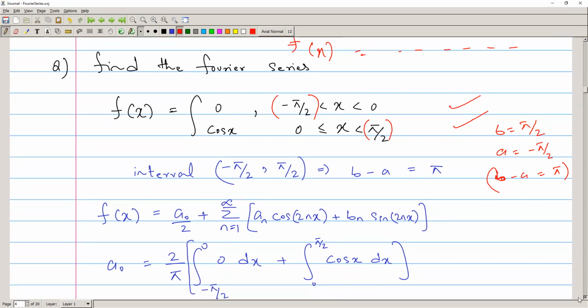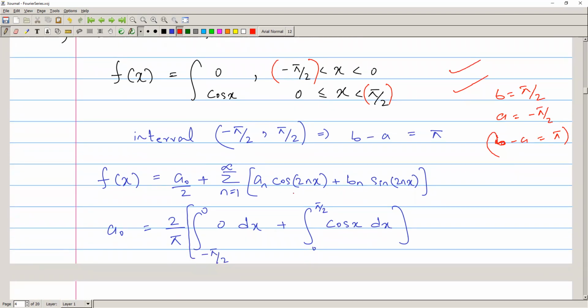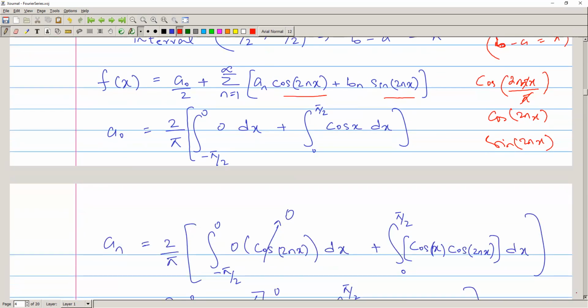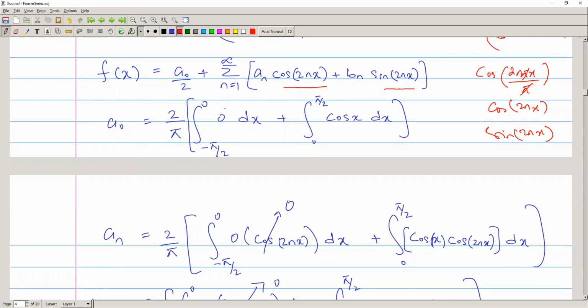All right, so now the series will be like this, because cos 2nx divided by pi, and pi will cancel out. We will be left with cos 2nx. Similarly for sin 2nx, right? So here it's sin 2nx and cos 2nx. And the coefficients will be found in a similar manner, piecewise.